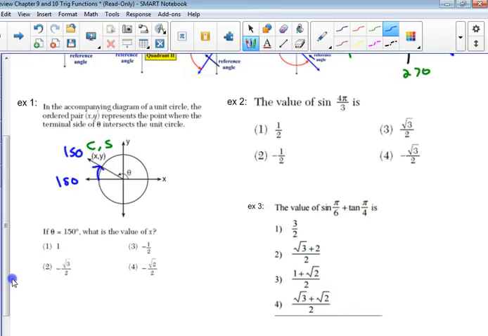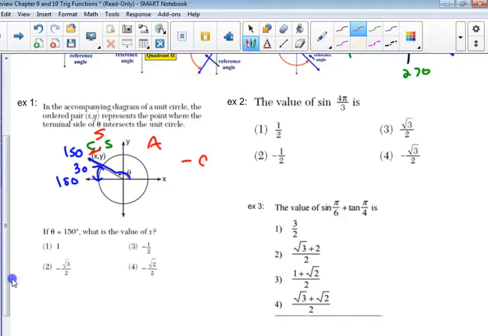Anybody know what the reference angle is in here? 30. Good job. So from here, here's 150, this is 180, and there are 30 degrees as the reference angle. Now, with your reference angle, we also need to think about what quadrant you're in. You're in the second quadrant. If we are looking for the cosine, is it positive or negative? Negative.